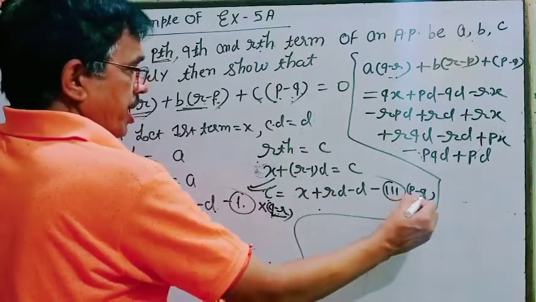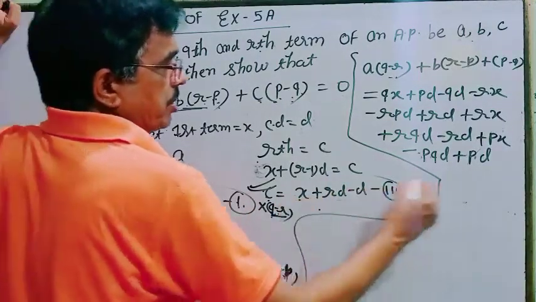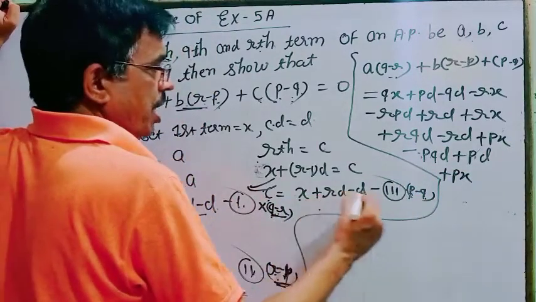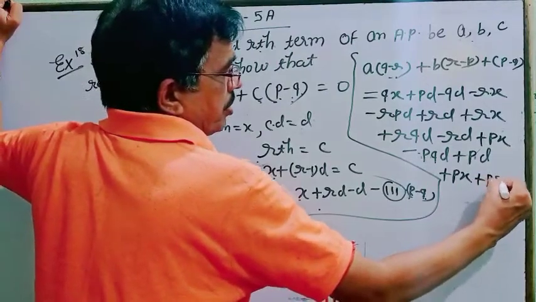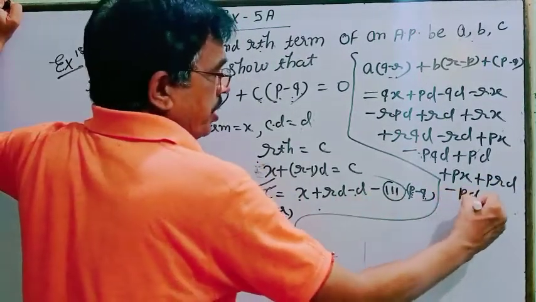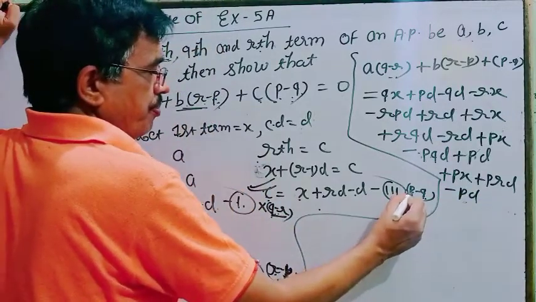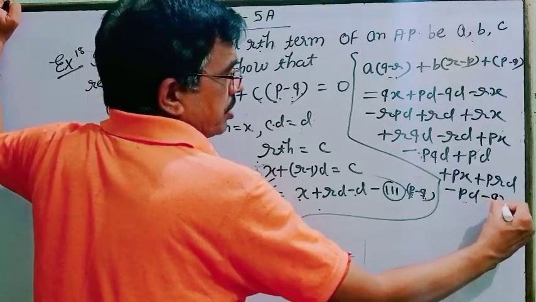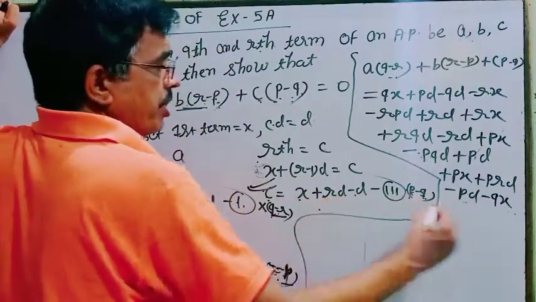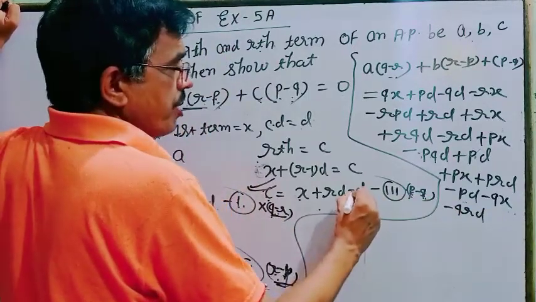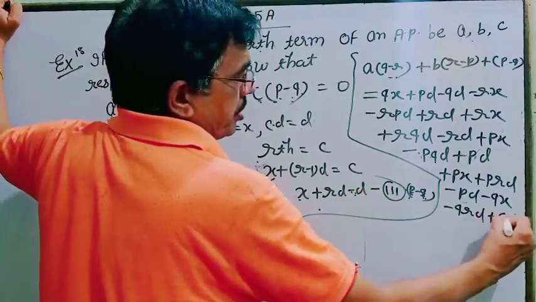And now multiply: p into x, minus px; p into rd, plus prd; p into minus d, minus pd; and now q into x, minus qx; q into rd, minus qrd; and q into d, that is plus qd.